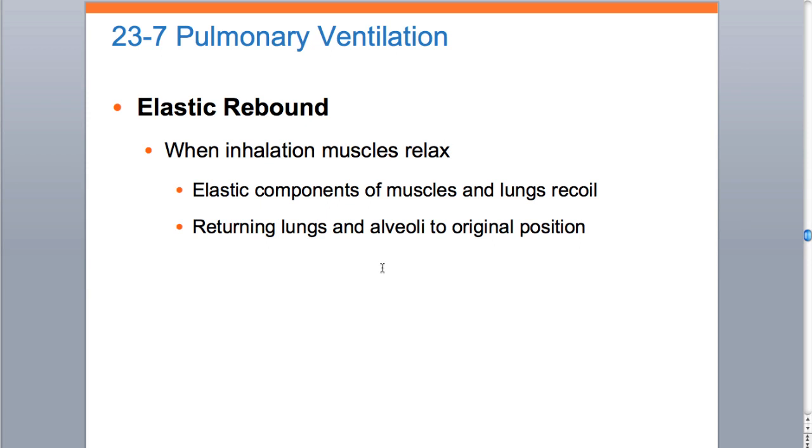Recoil back. Now, that's important. It says, when inhalation muscles relax, so this must be dealing with what? Exhale. So this is part of your exhale. This is what allows the air to be pushing outward. Okay. Next slide.